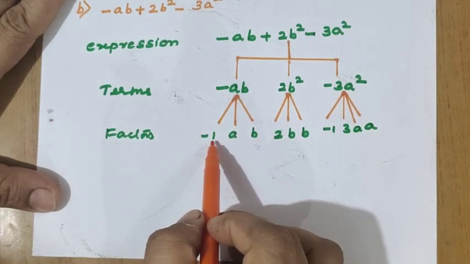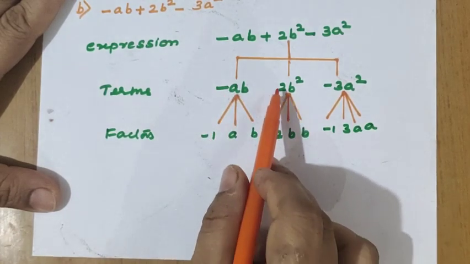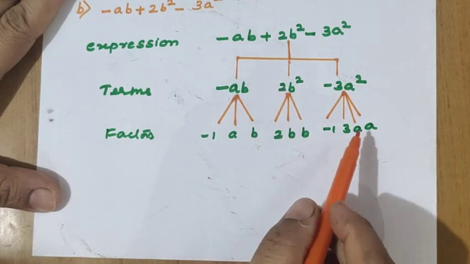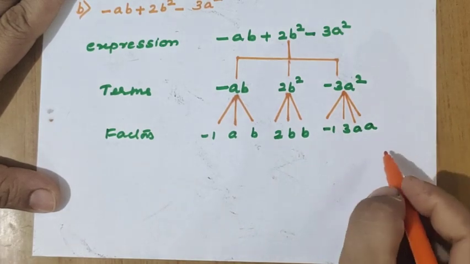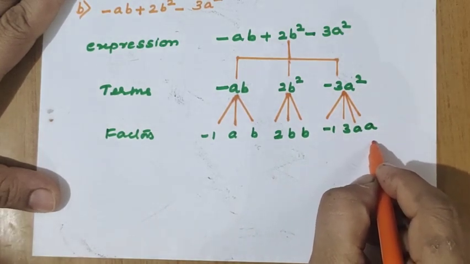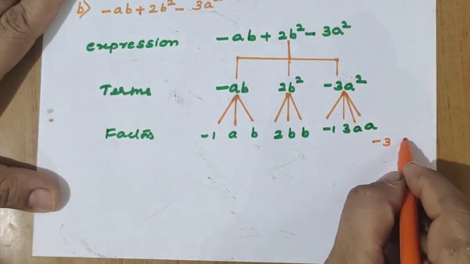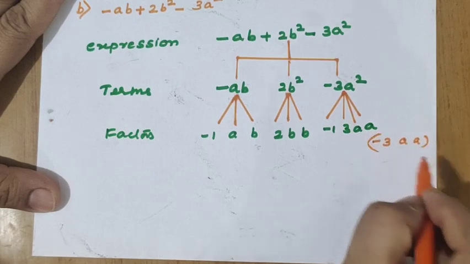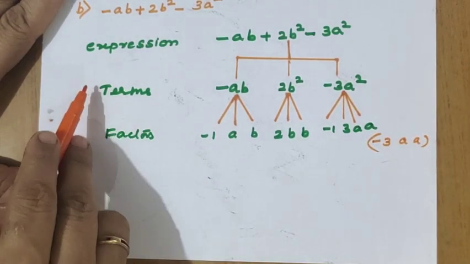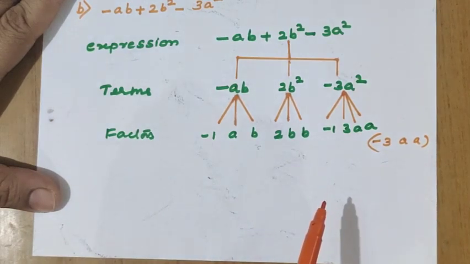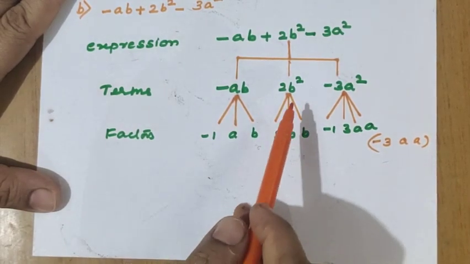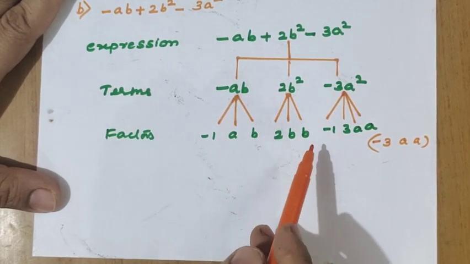So we have written minus 1 a b, and here plus sign only, 2 into b. Minus 3 is there, minus 1 into 3 a into a. Here both are correct. If anybody wants to write minus 3 a, that is also correct, right? So expression, terms, factors. Here we are getting the terms and factors and representing them by using the tree diagram.